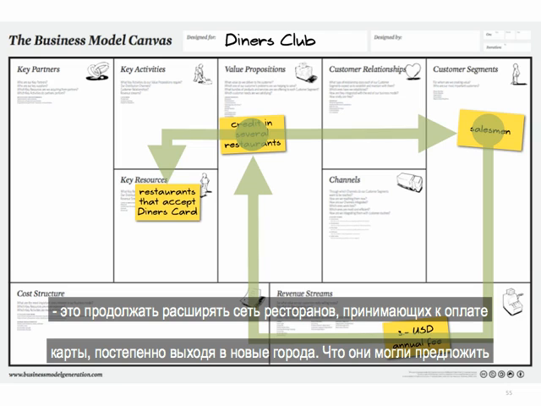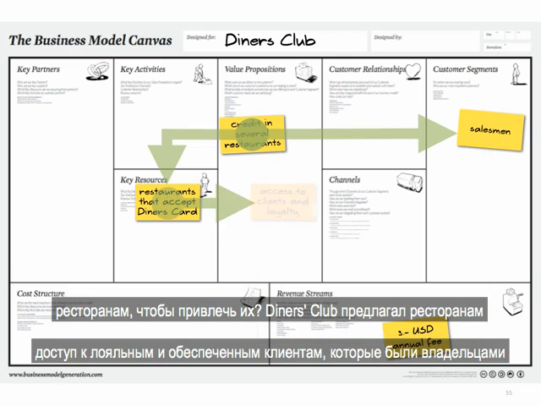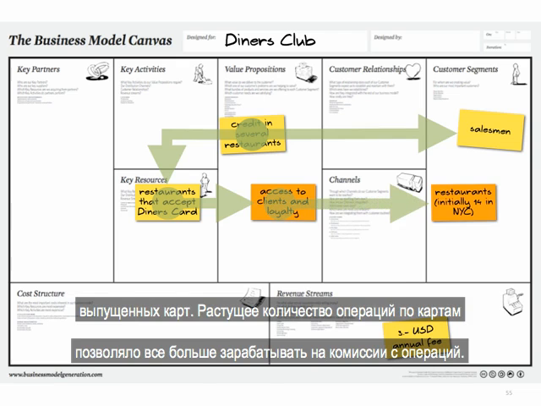Well, that they would have a series of restaurants first that would accept the Diners card, and then they would expand to other areas. So they had to attract the restaurants, and they would offer the restaurants this idea of access to clients and very loyal clients, which would attract the restaurants, which is the other target segment that they were looking at. And that would allow them to earn money from the transaction cuts from the customers.